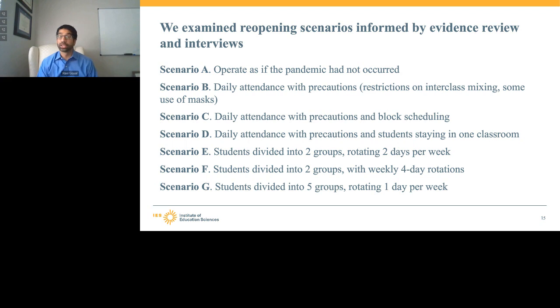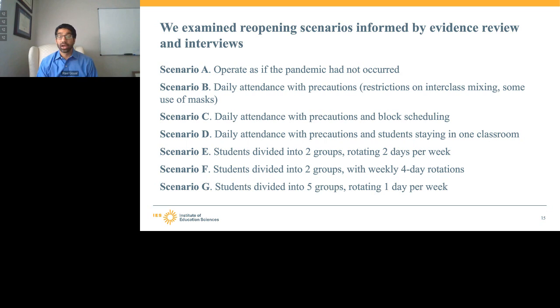So in scenario C, students attend every day, but block scheduling is implemented. While in scenario D, instead of students rotating from classroom to classroom, the students stay in one classroom and the teachers rotate.